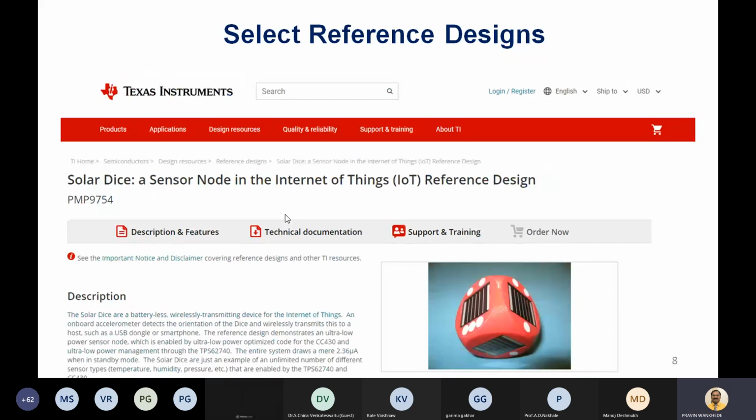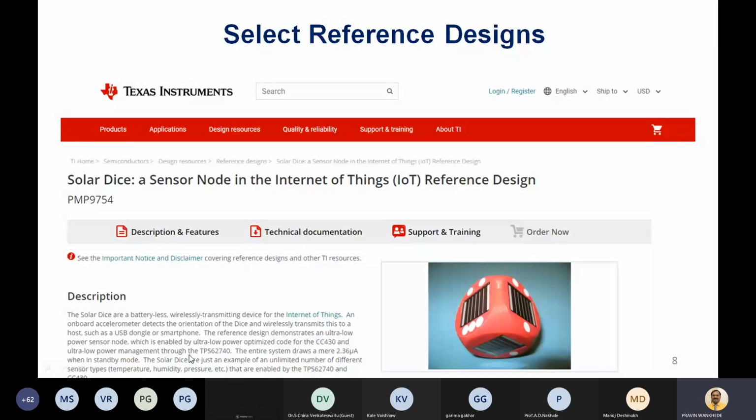You want to see, this is another product, a solar-powered sensor node in the Internet of Things reference design. So a complete reference design is already available. I urge most of you to please go through such reference designs. See, here are so many power management ICs and their control and so many things they have already used.